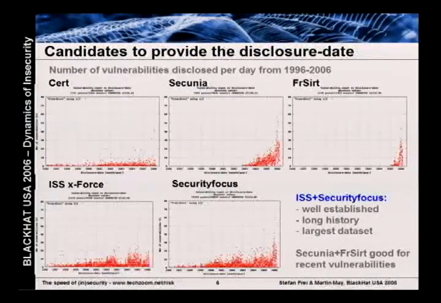They have about the same good amount of disclosures or advisories per day, and by taking 2 information providers, we can cancel out an eventual bias towards their own product, be it from ISS or from Symantec. So for us, the disclosure date for this analysis is taken from either ISS X-Force or Security Focus, whoever is earlier in disclosing a vulnerability with a certain CVE.